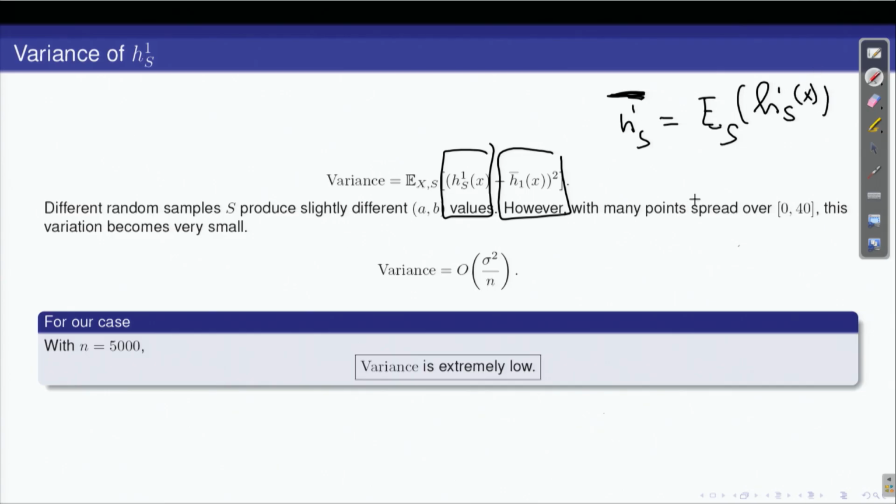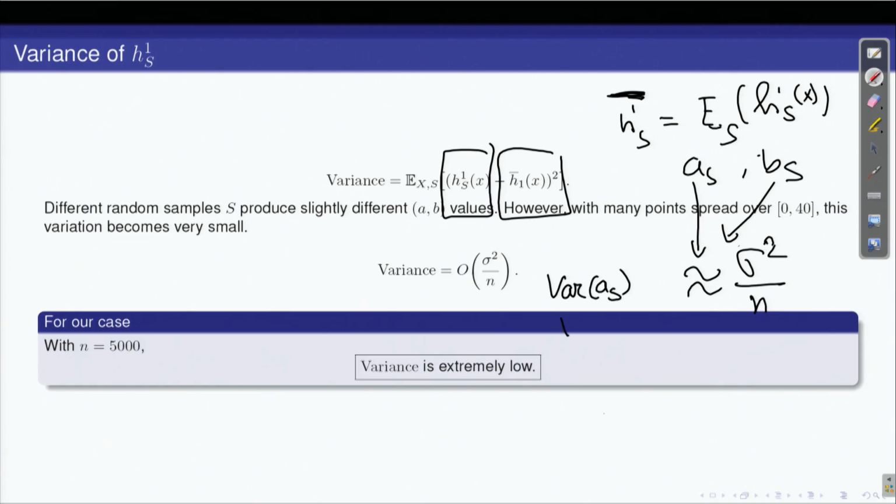But these are least squares, so you have a_S, b_S. All these are of the order sigma square over n. So it will involve the variance of a_S, the variance of b_S with respect to S, and the covariance of a_S and b_S. All these things are of order sigma square over n for least square.